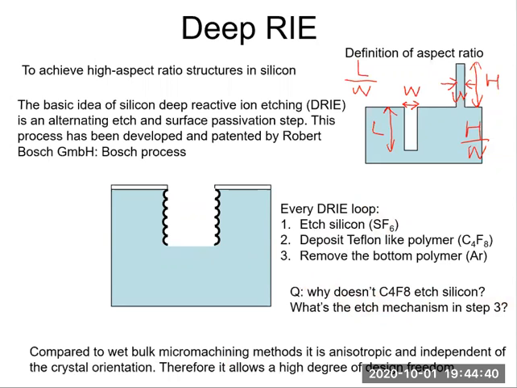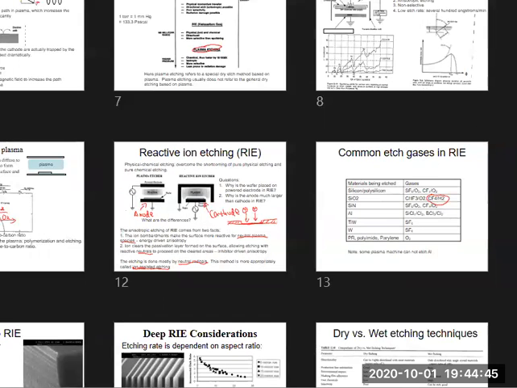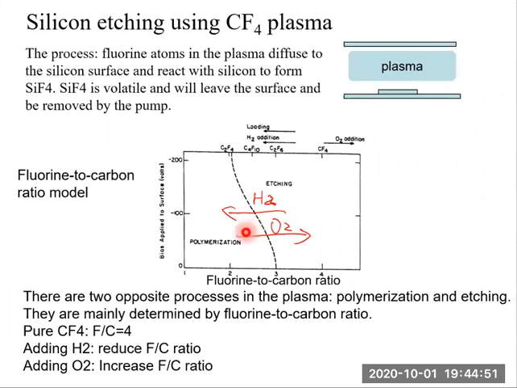The explanation is right here: the fluorine to carbon ratio model. What's the fluorine to carbon ratio of C4F8? Its fluorine to carbon ratio is 2.